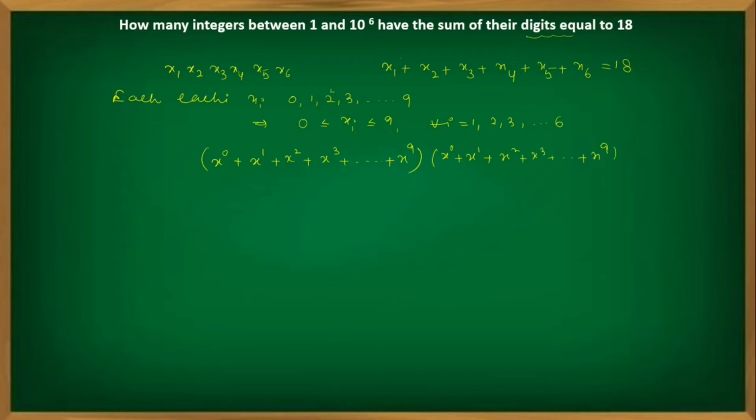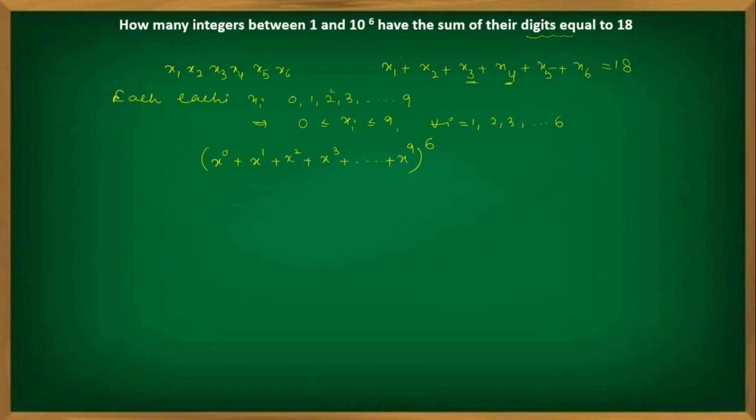Likewise for x3 the same expression, and for x4 the same expression. So at the end, if you write the expressions together and multiply them, for each xi you get the same expression, so we get x power 0 plus x power 1 plus x square plus x cube plus up to x power 9, whole power 6.